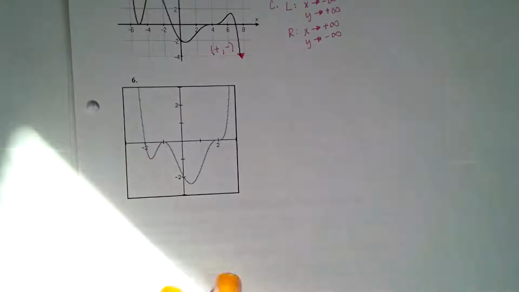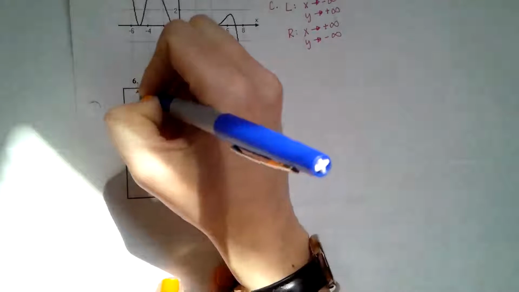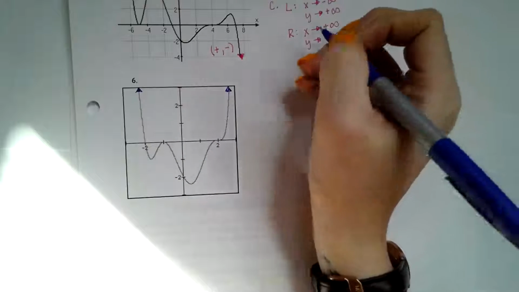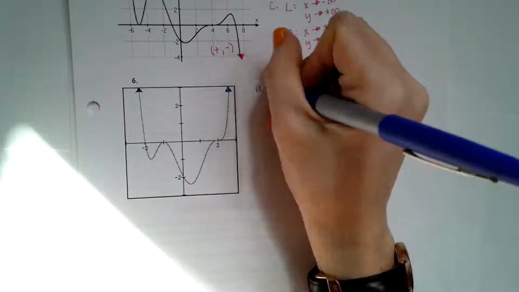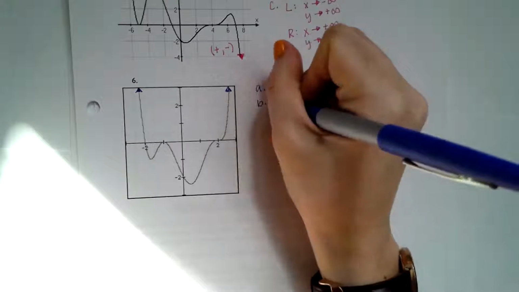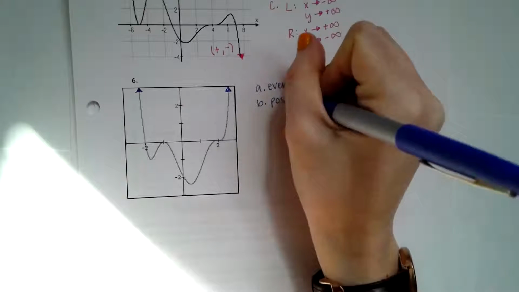Okay. So now looking at this one, both of my ends are going the same way, which means that this is even. And they're both facing up, which means that it's positive.